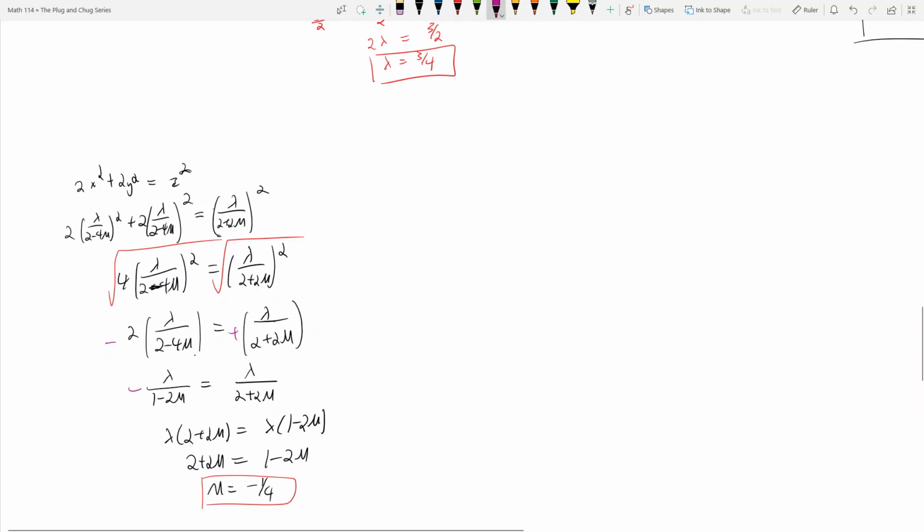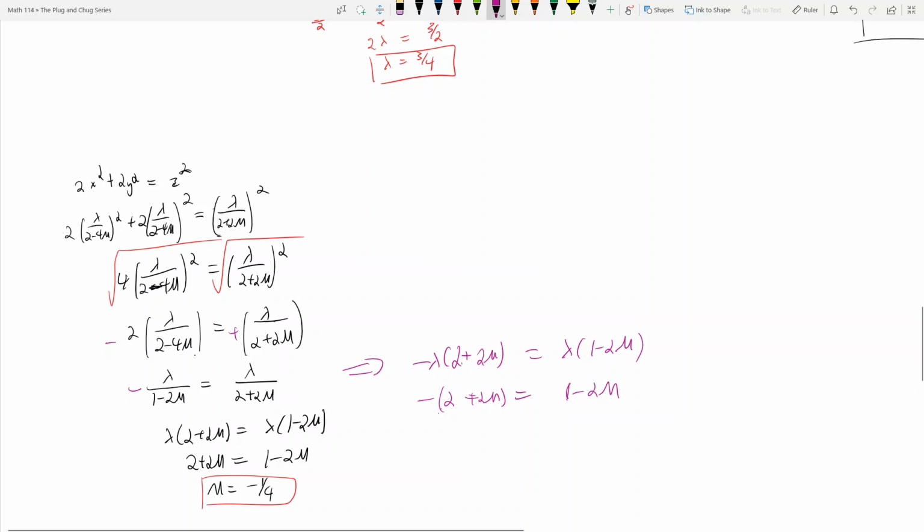When I do this cross multiplication, I'll get negative lambda times 2 plus 2 mu is equal to lambda times 1 minus 2 mu. I'll do the same thing and divide by lambda. But now I've got negative 2 plus 2 mu is equal to 1 minus 2 mu. So I did the same thing in both steps.